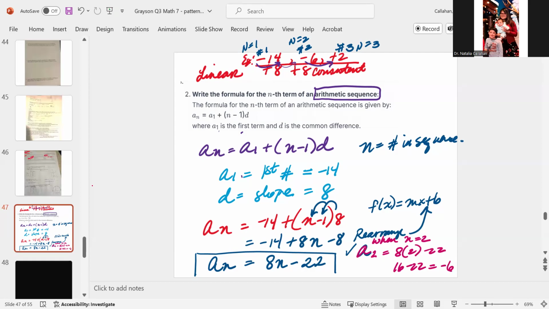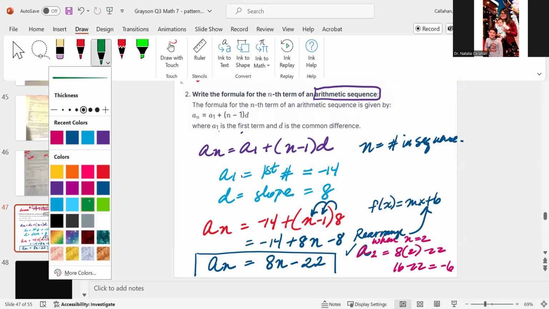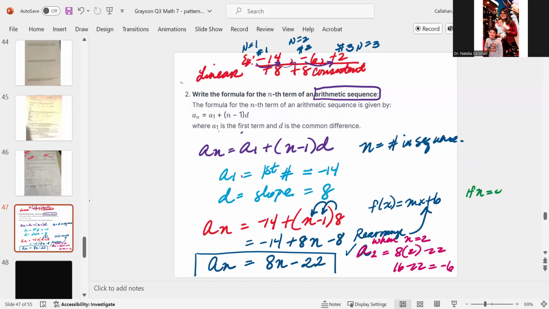Isn't that -6 right there? Yeah. So let's say, for example, if n equals 4, what is the next number here? I would just do a sub 4 equals 8 times 4 minus 22. So what is that going to give you? 10. Do you see how that works?